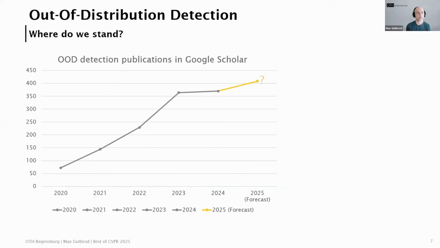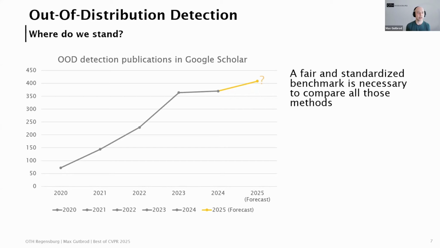As we can see, there has been a rise in popularity for this topic in the last few years. So those are the OOD detection publications in Google Scholar from 2020 onwards. However, to compare the performance of all those different methods that have been published, a fair and standardized benchmark is necessary. And that is what the authors of the existing benchmark OpenOOD did.